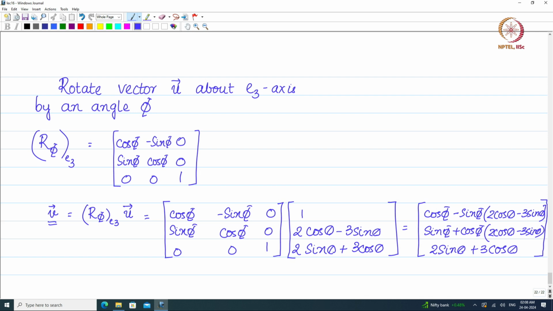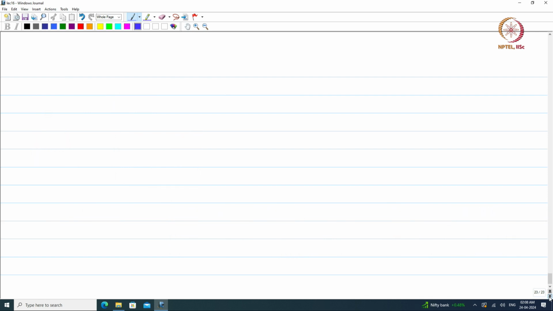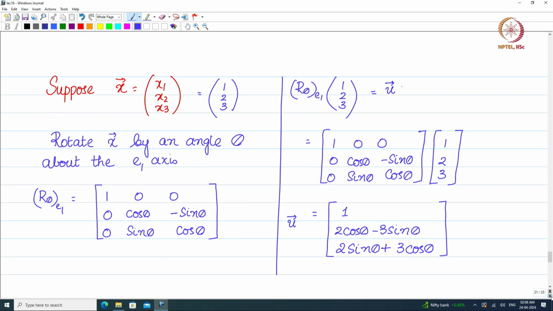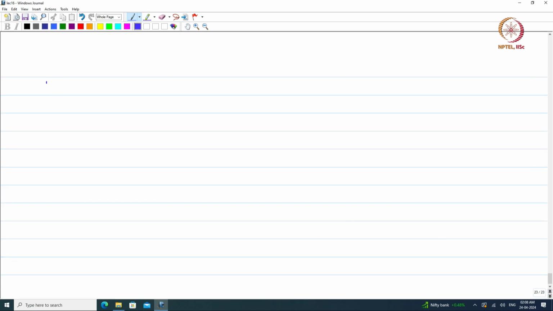Now, let us look at the other way around. I had the same vector which we started off with initially, this vector x which was 1 2 3.